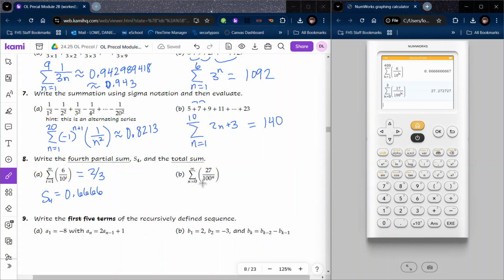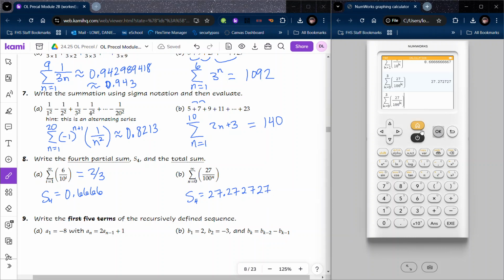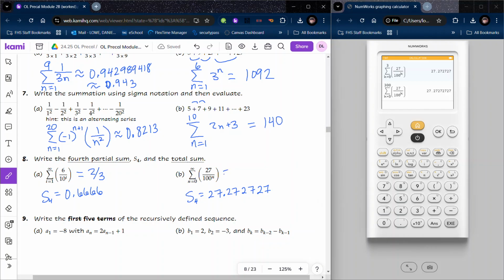And that is going to give me, right, the sum of the first 4 terms is going to be 27.272727. And if I look to have this summation go to 300, I see that that's going to be repeating, right?